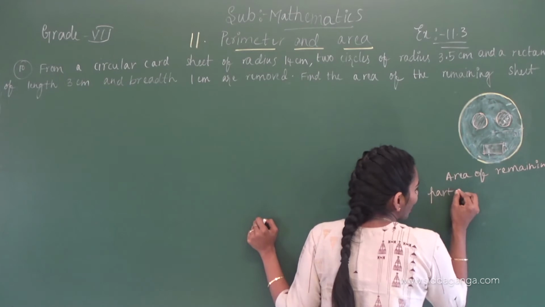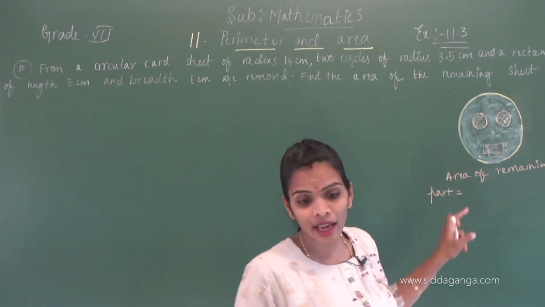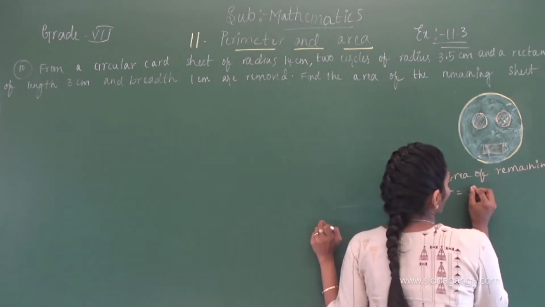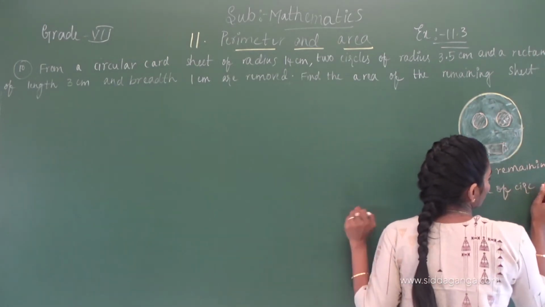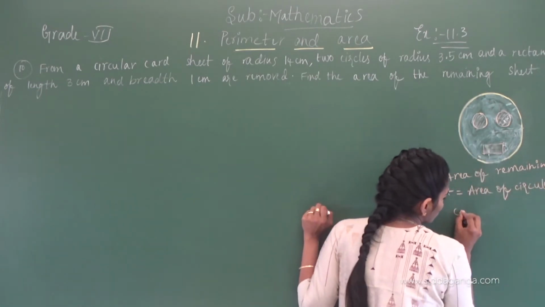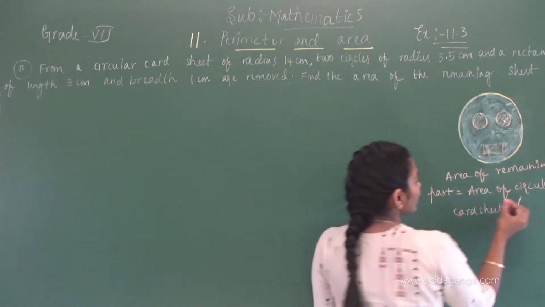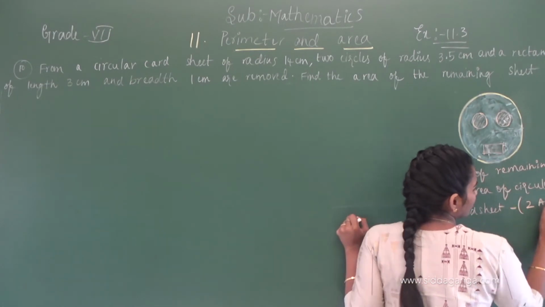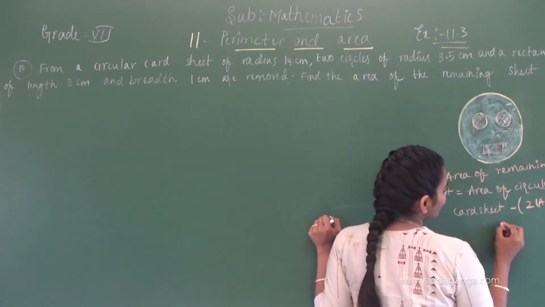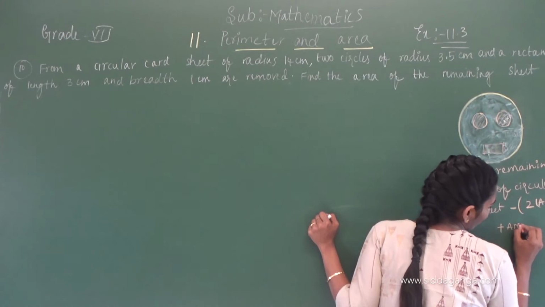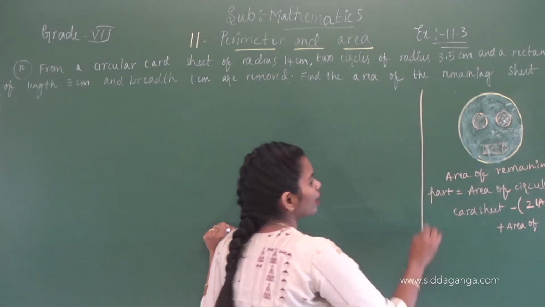Area of remaining part equals area of circular card sheet minus area of the parts removed. You have to remove 2 times the area of small circles and the area of the rectangle. Correct children.